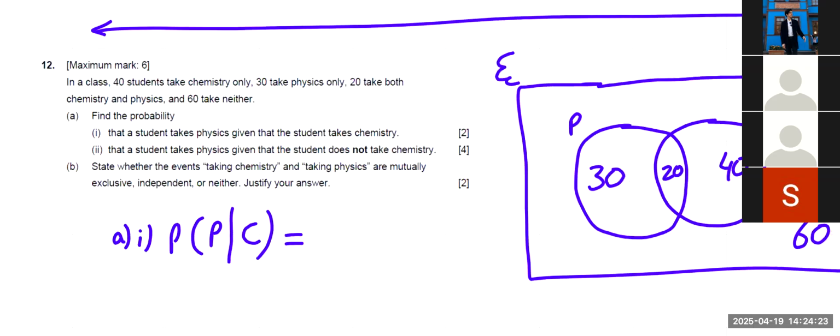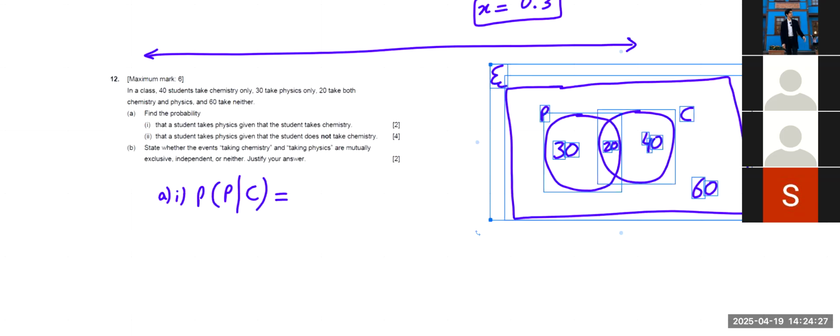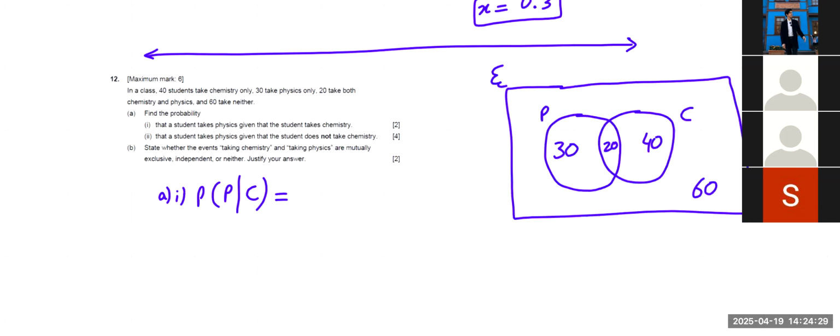By the way, you can scroll up. So that would be 20 over... Can you say that again? I didn't hear you.